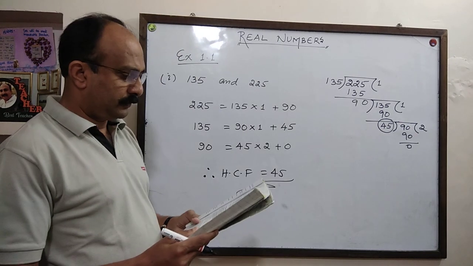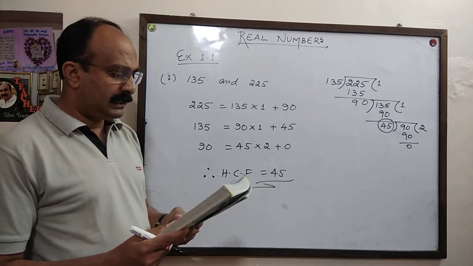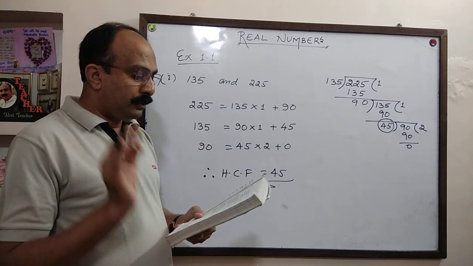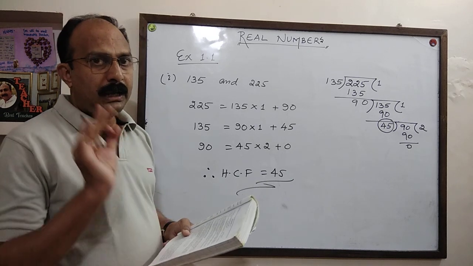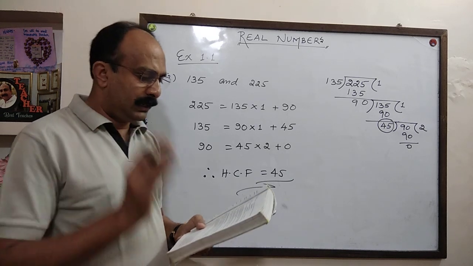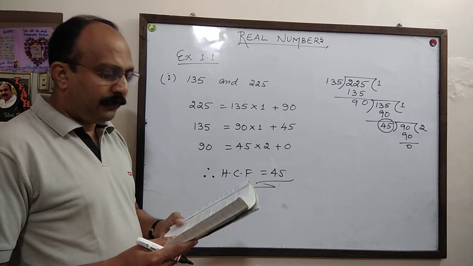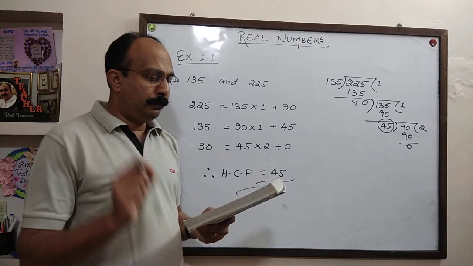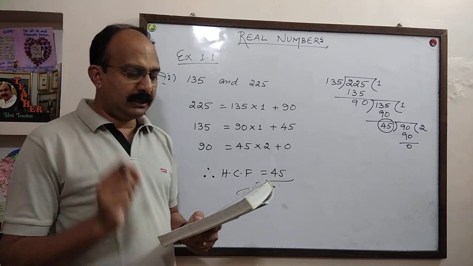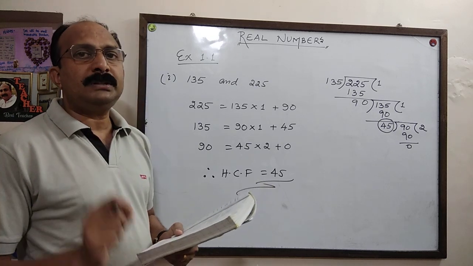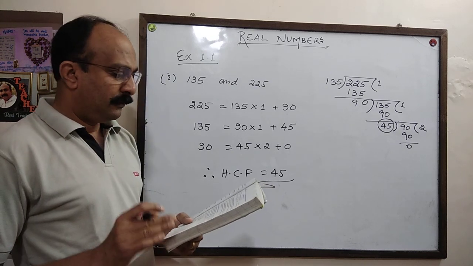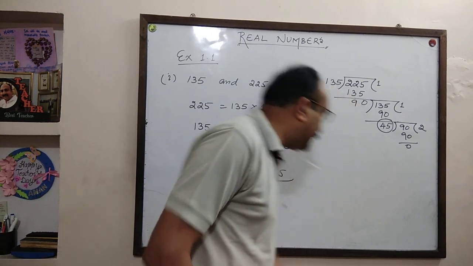Now question number 2. Show that any positive odd integer is in the form of 6q plus 1 or 6q plus 3 or 6q plus 5, where q is some integer.